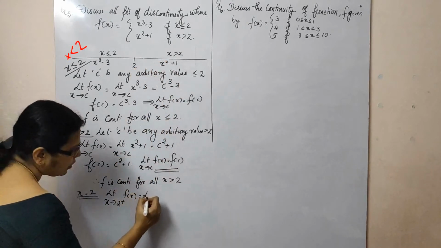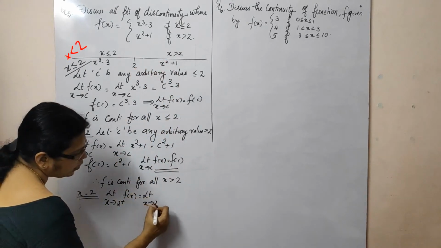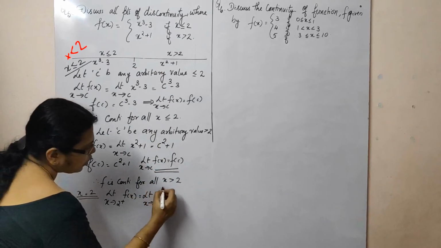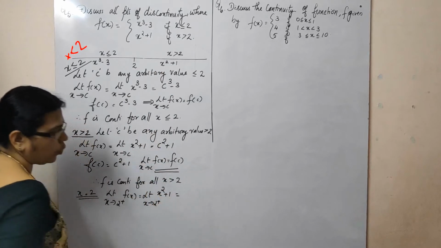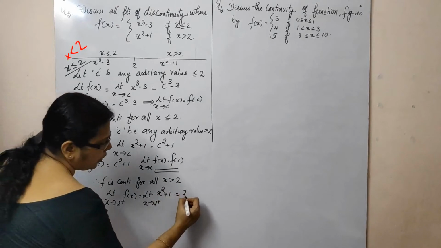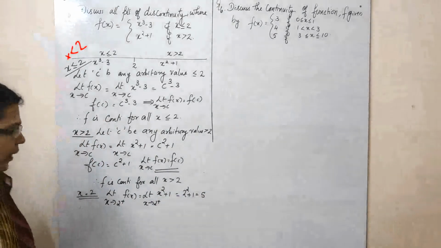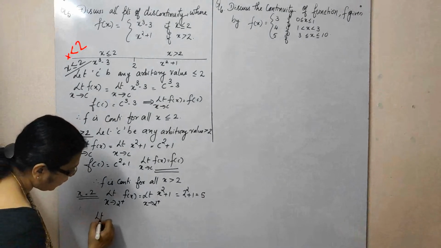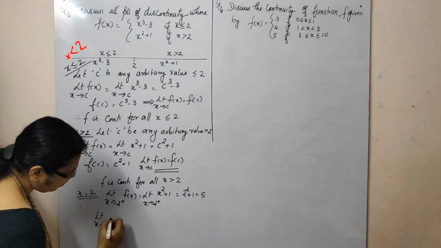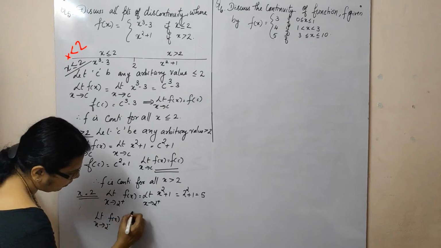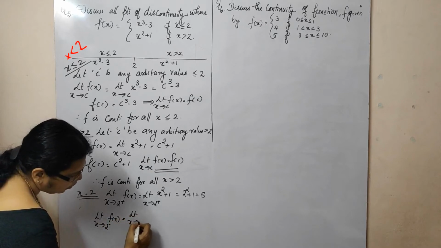What is the function's value? Limit x tends to 2 plus of x square plus 1, that is 2 square plus 1, which is 5. Now, I am checking the left hand limit: limit x tends to 2 minus of f of x.